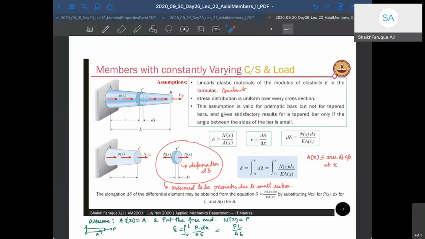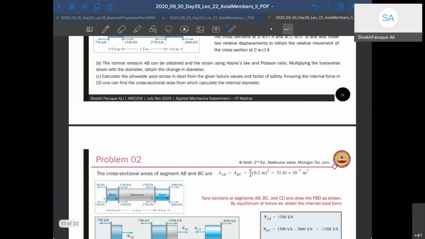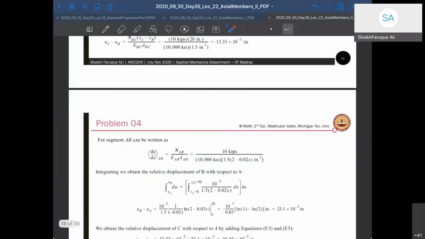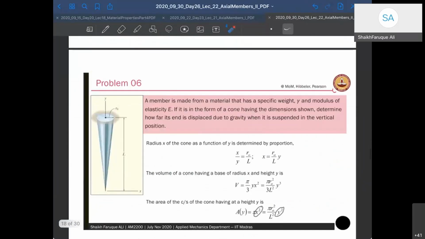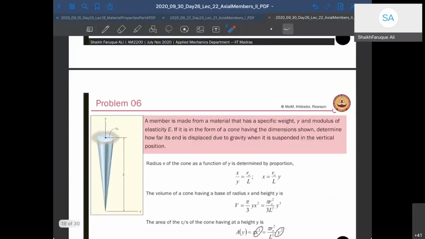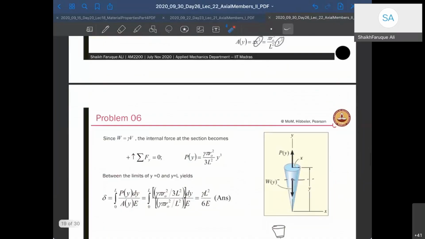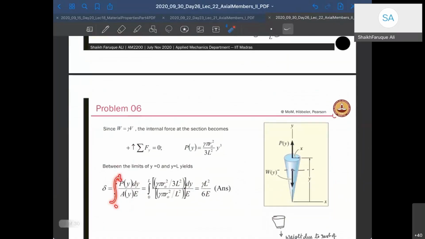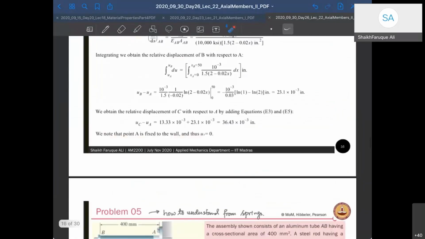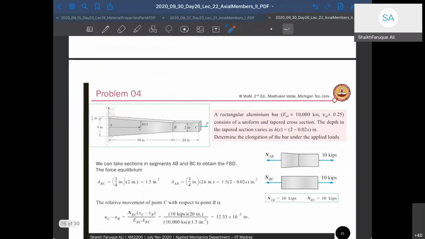So there is a problem here solved also. Okay, so this is a constantly changing cross section, a conical structure. How do you find deformation at the tip? In that case, you have to use that integral formula. We'll come to this problem in the next class. Again, you have a constantly varying cross section here also.